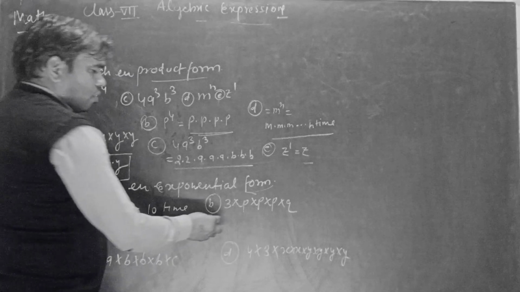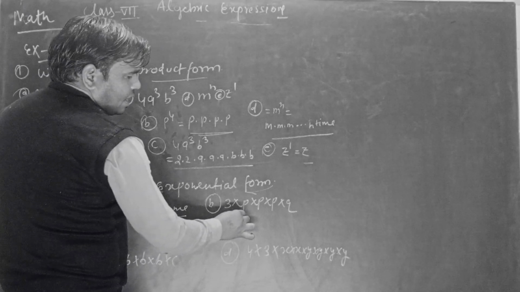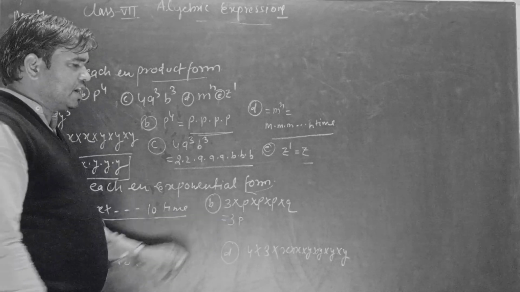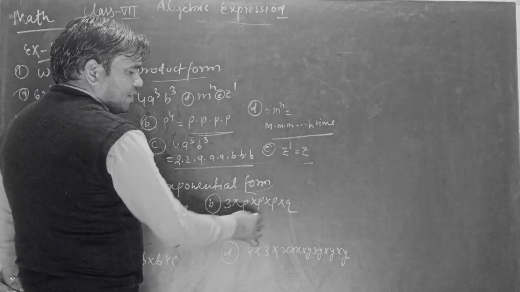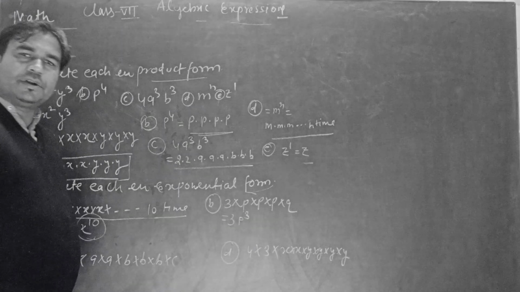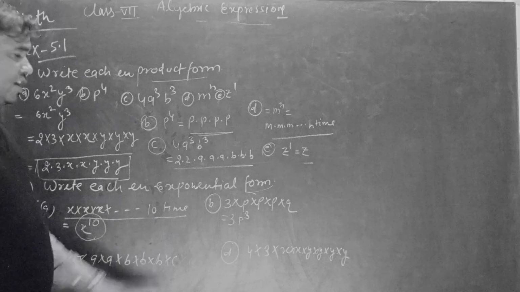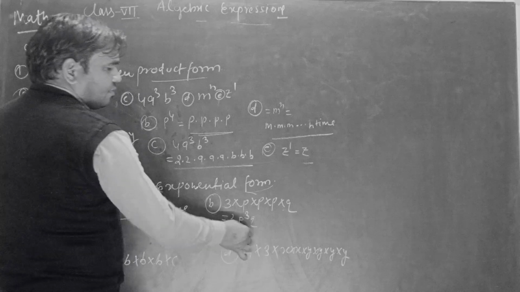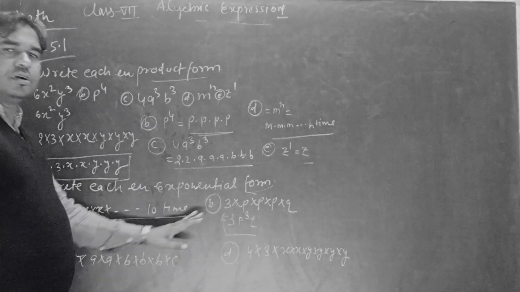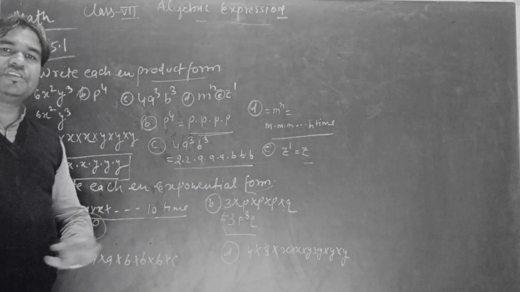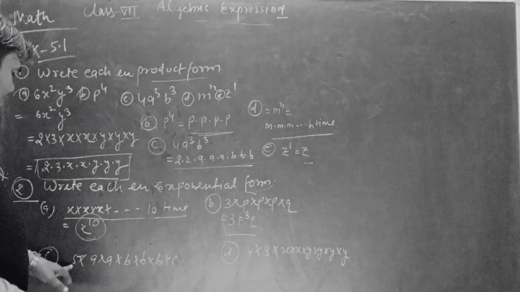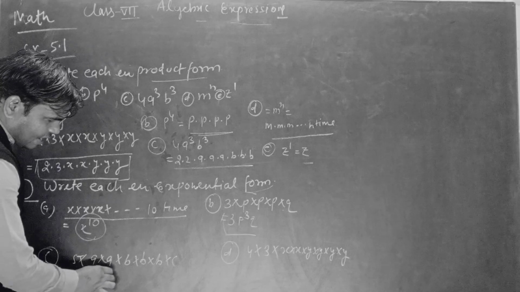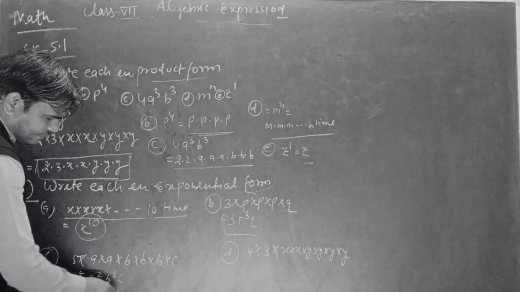In the B part you see 3 and variable p, and how many times is the variable p coming here? 1 time, 2 times, 3 times. So we can put the exponent 3, and this is q. So we can write this q. This is also in exponential form. In the same way you can write 5a square b cube and c.